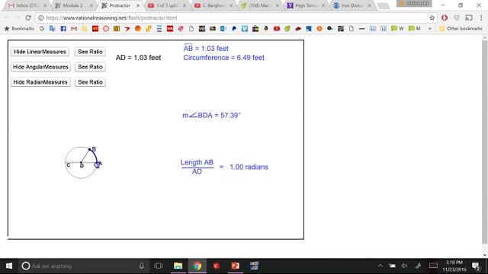It gets really difficult when the circle gets small, but the point is that the length of the arc that is cut off by a 1 radian angle measure when the radius AD is 1.03 feet is of course 1.03 feet.